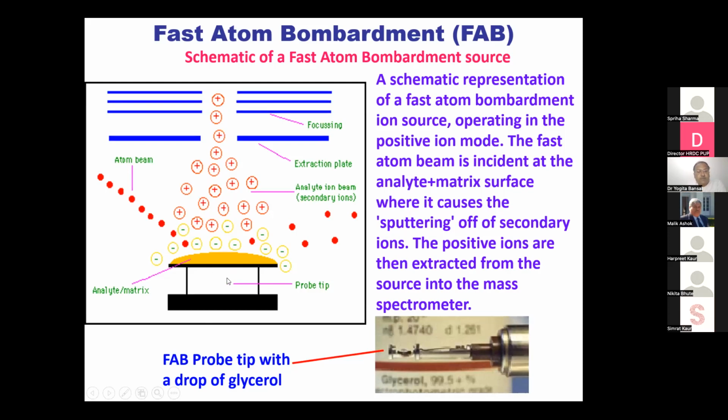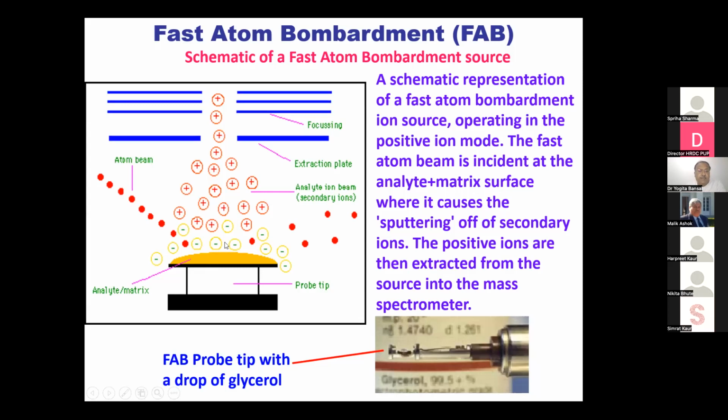So this is a schematic representation of the fast atom bombardment source. See here, this is the probe tip, right, which we are seeing here. On this, we have placed the matrix mixed with the analyte. And here, this is the atom beam, which is impinging on this. They are very fast moving atoms. Xenon and argon are generally used because they are non-reactive noble gases.